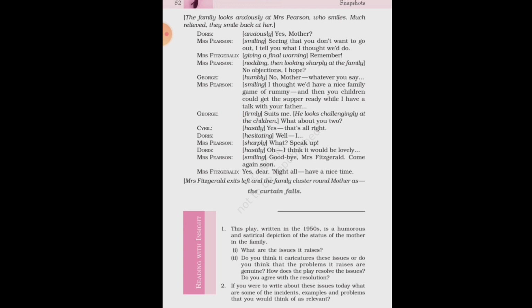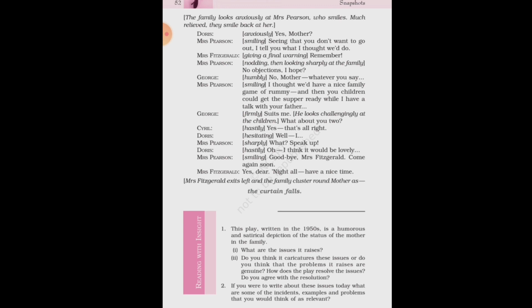So finally, the lesson has come to an end. In this, Mrs. Pearson does as Mrs. Fitzgerald told her in order to gain importance in her family, and she tells them she wants to have a nice family game of rummy, and then she tells the children to get the supper ready while she has a talk with her husband.